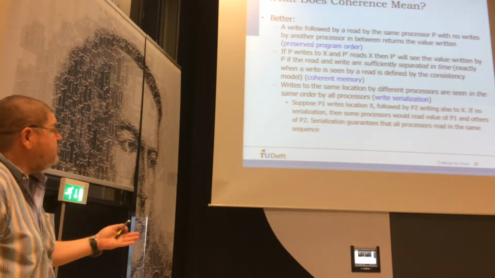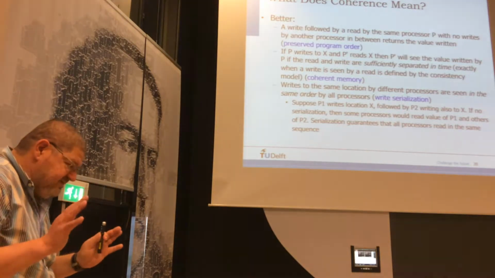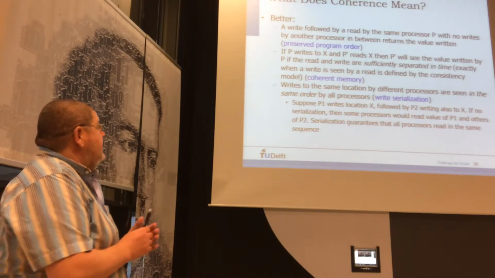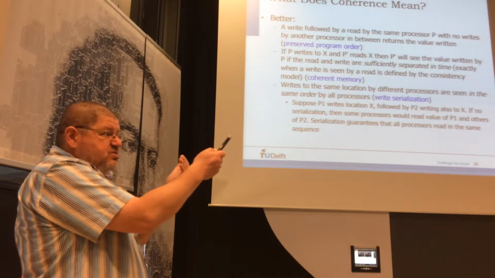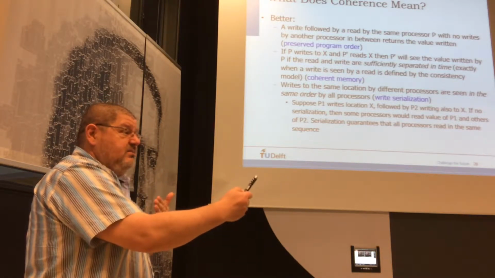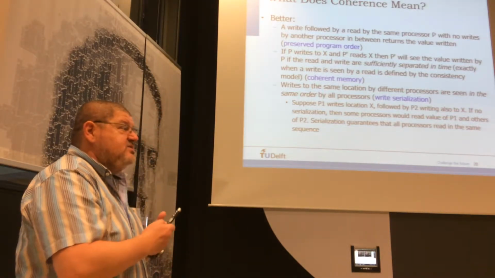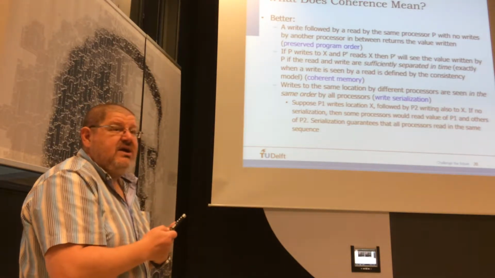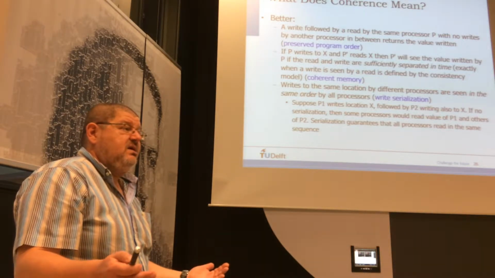If there is interaction, then the interaction may create some problems. If between two writes in different processors you have enough time, you have a coherent memory because you will see all the updates. If there is not enough time between them, some of the processors may not see all the updates.